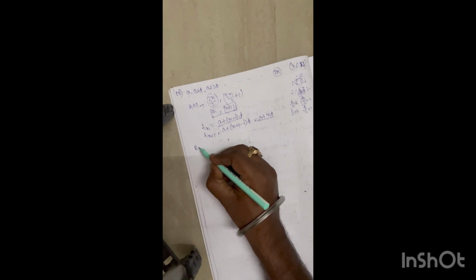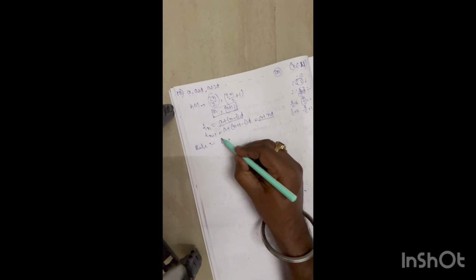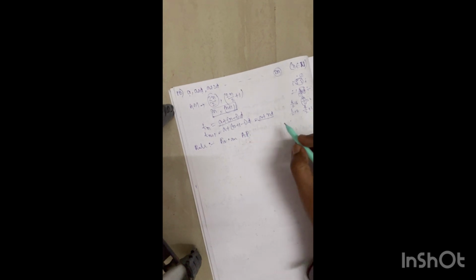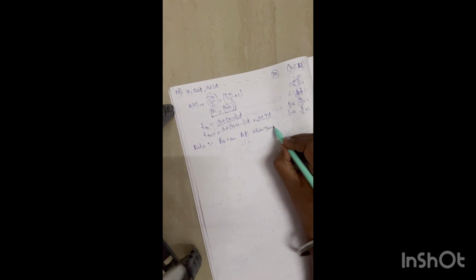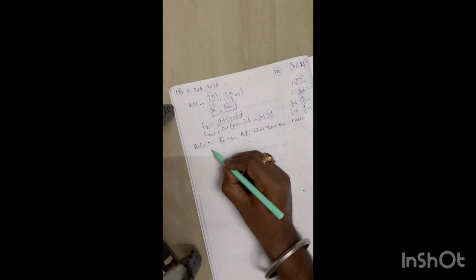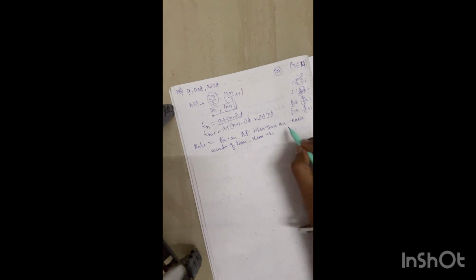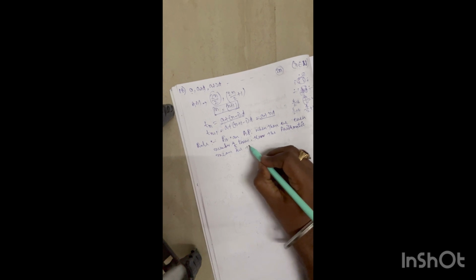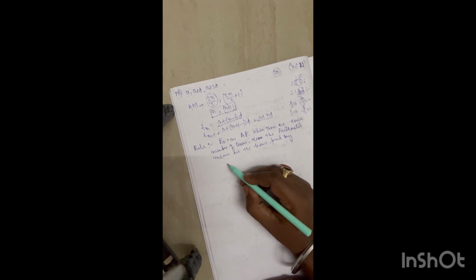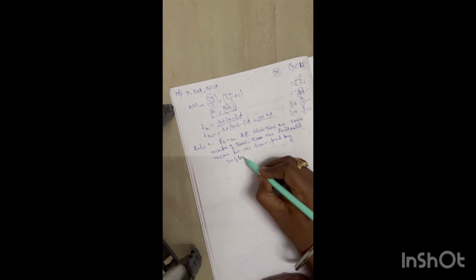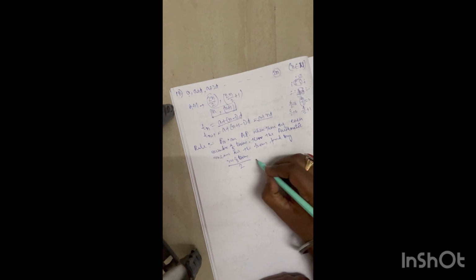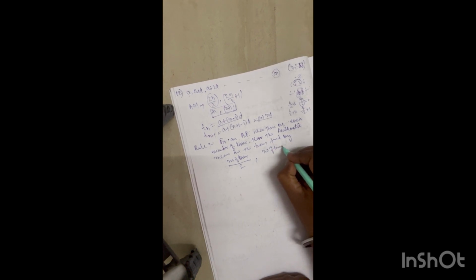Writing it in rule form: for an arithmetic progression with an even number of terms, the arithmetic means are the terms found by total number of terms divided by 2, and total number of terms by 2 plus 1.